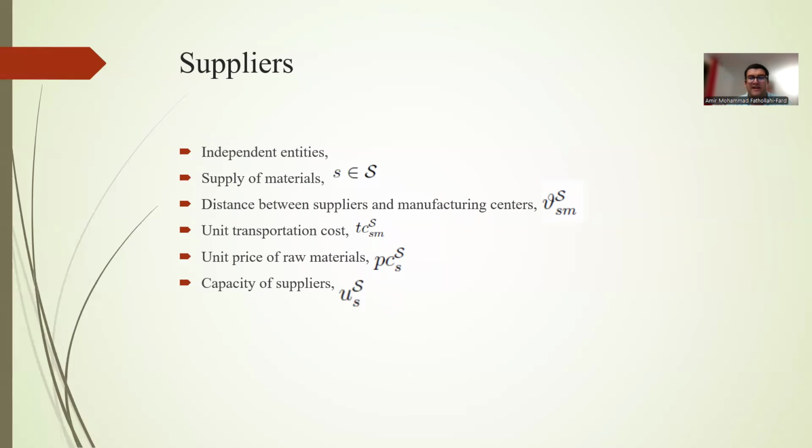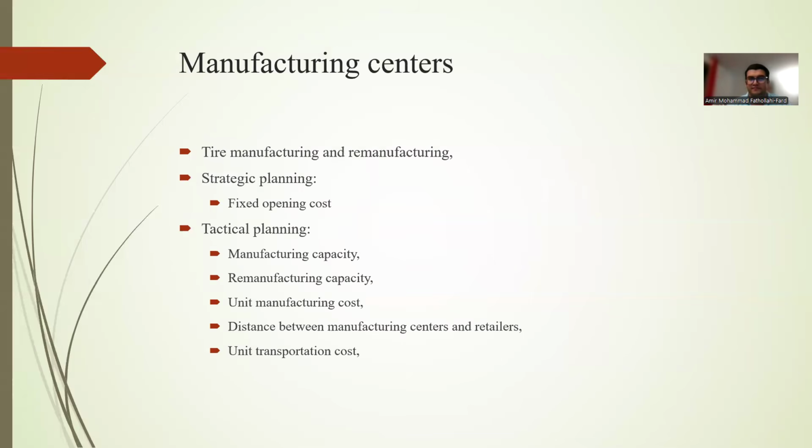Each supplier has a capacity US, which represents the amount of raw materials the supplier can produce. Based on this capacity, the manufacturing centers can purchase the raw materials from the suppliers.